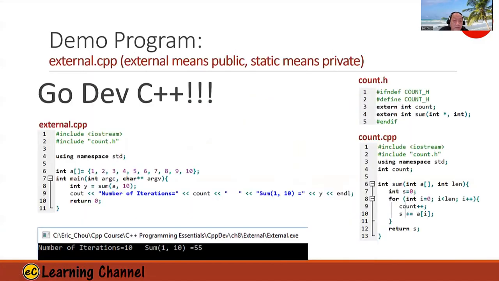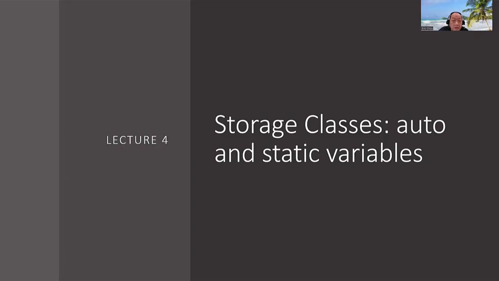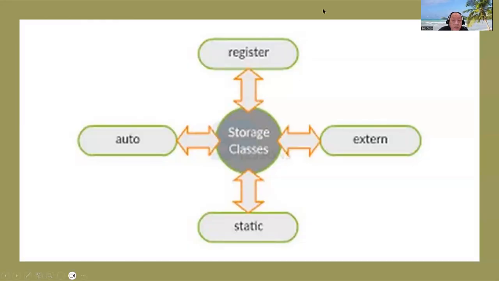Binding should be fine. Binding, we spent a lot of time talking about binding. So for your storage class, you have register, auto, external, and static. Now I talked about this before. Let's review one more time. Let me have Jessica tell me what is static, what is auto, what is external, what is register.